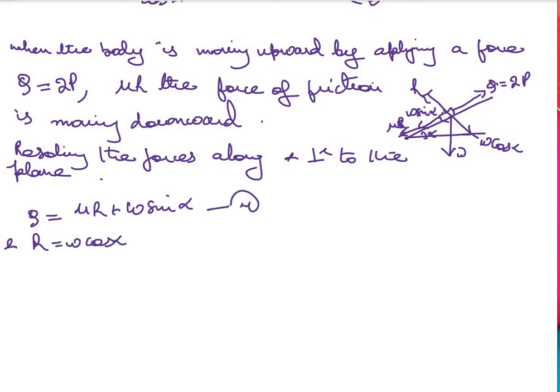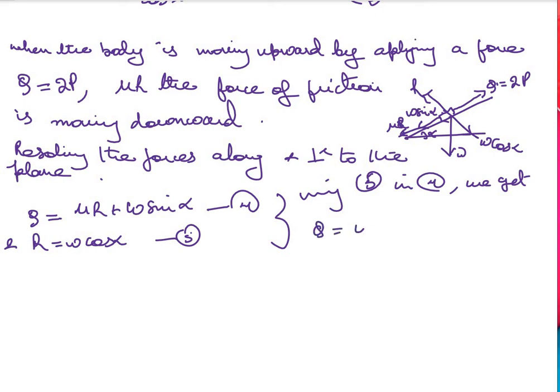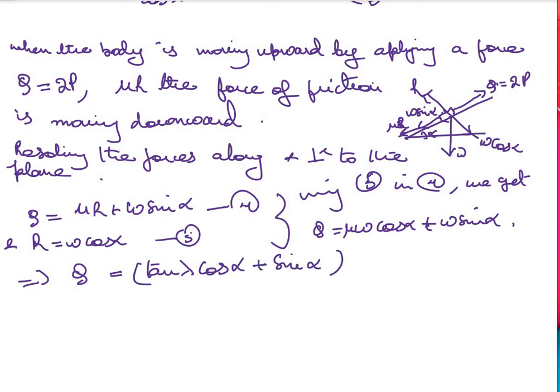Name it as equation 4 and this as equation 5. Using 5 in 4, we get Q here is equal to mu W cos alpha plus W sin alpha. You just replace R by W cos alpha. So this implies that Q here is, the same thing only, tan lambda into cos alpha plus sin alpha, by taking W outside. So replace tan lambda by sin lambda by cos lambda.